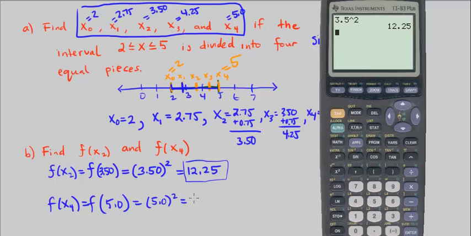We know 5 times 5 is 25. I can even add a 0.0 if I want, but I don't have to. So that is f of x sub 2 and f of x sub 4, and that's going to end CPM Precalculus Chapter 2, number 87.